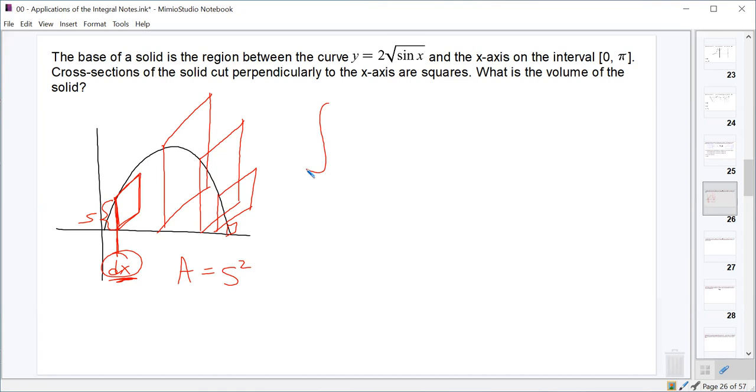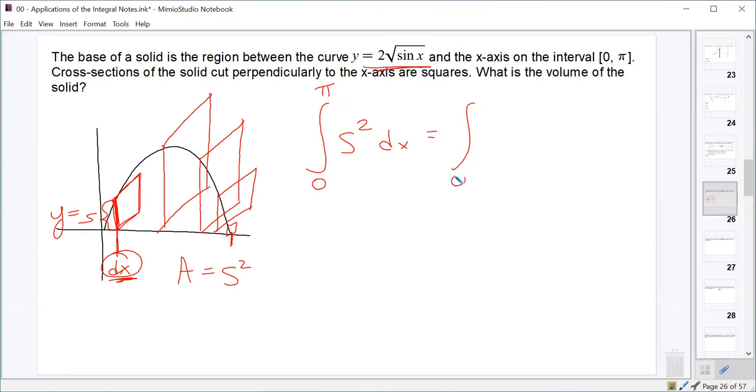We can't do an integral of s squared dx. That's not a thing. Since we're getting into this, we're going to integrate from 0 to where this hits the x-axis over here, which is pi. But we can't do s squared dx, so we have to think about s as the same as y, this value in the y direction. And y doesn't work either, but y is equal to 2 root sine x.